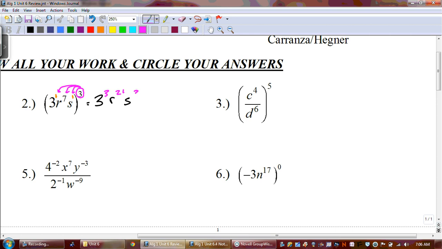And once again, 1 times 3 is 3. Okay, if you notice, the bases stayed the same. But now we need to simplify because we know what 3 cubed is. 3 cubed is 3 times 3 times 3, which is 27, and everything else stays the same.